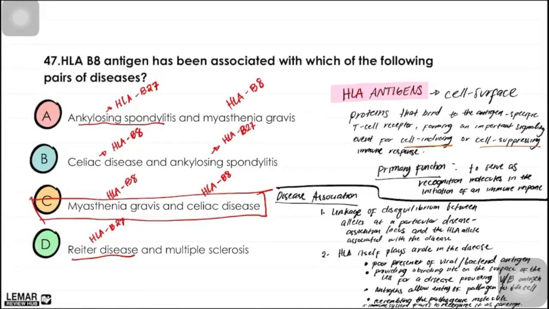Multiple sclerosis, on the other hand, has a 4 times risk with the presence of DR2, so this is HLA-DR2. So it is important that we are familiar with these disease associations.